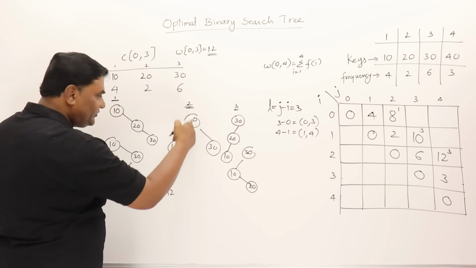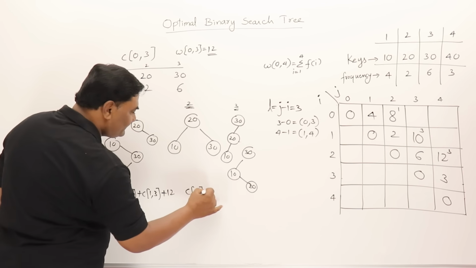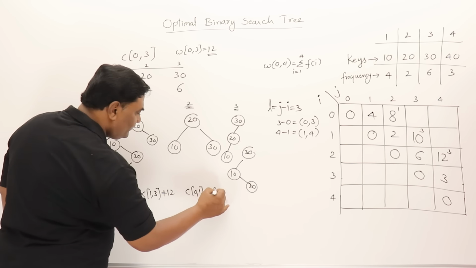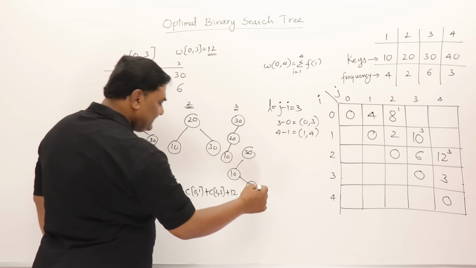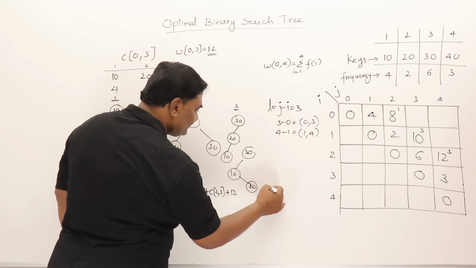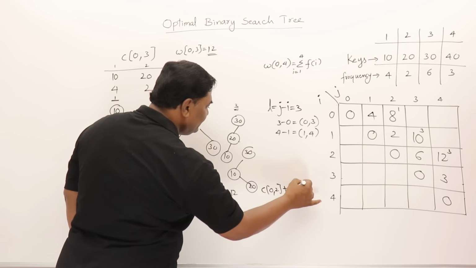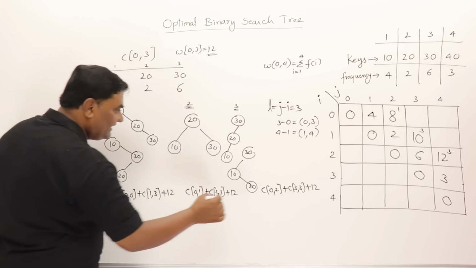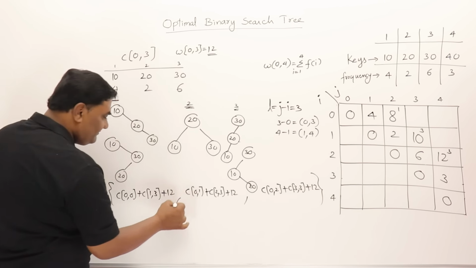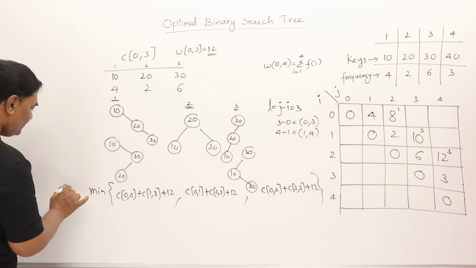Then for this, when 2 is there as a root, so this is C of 0 comma 1 plus C of 2 comma 3 plus 12. And on this side, C of 0 comma 2 plus C of 3 comma 3 plus 12. Out of this, I have to select any one of them that is giving me minimum. So that will be the cost of C of 0 comma 3.